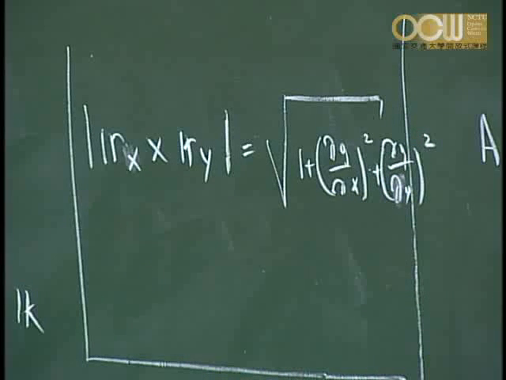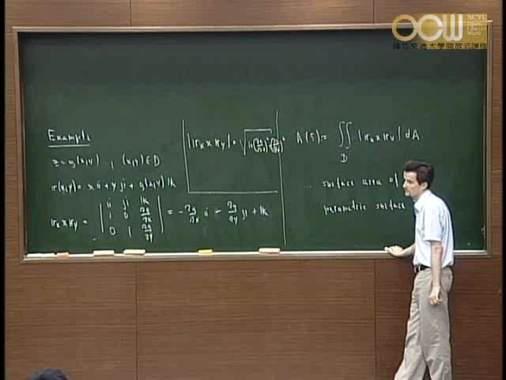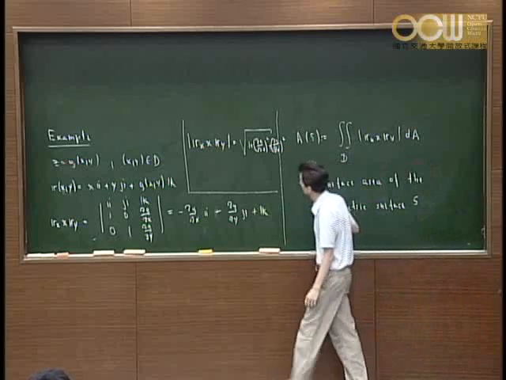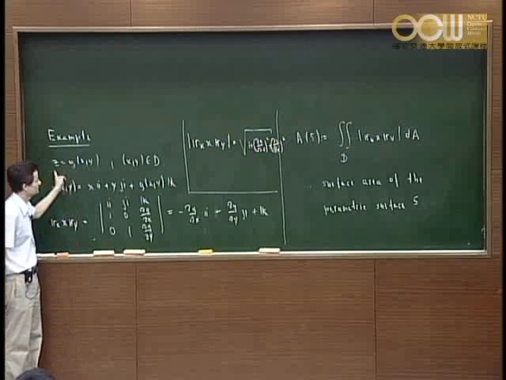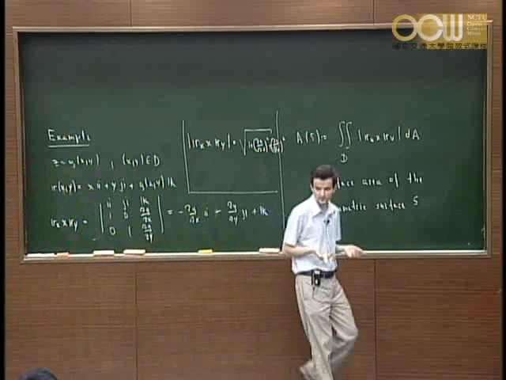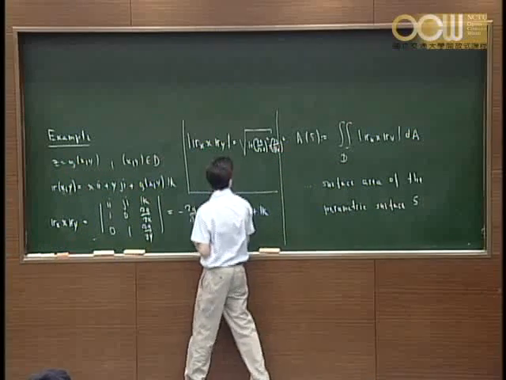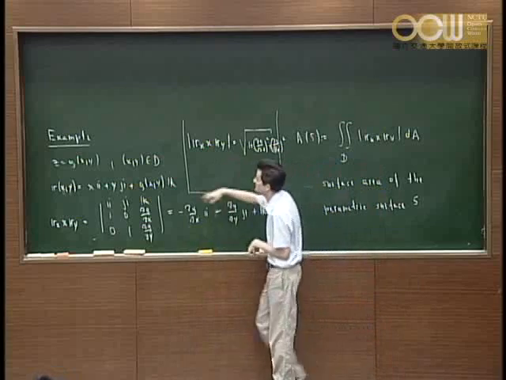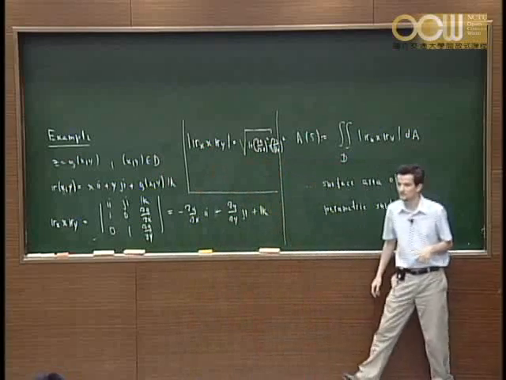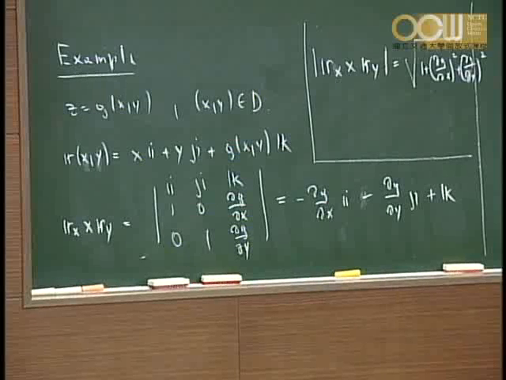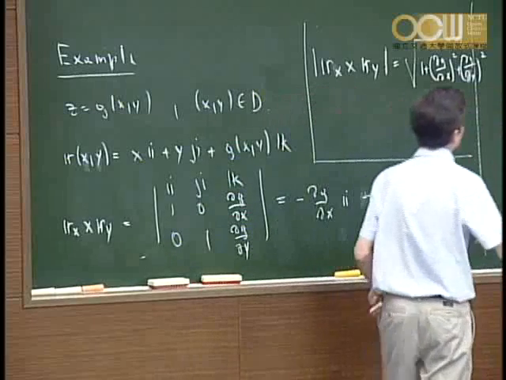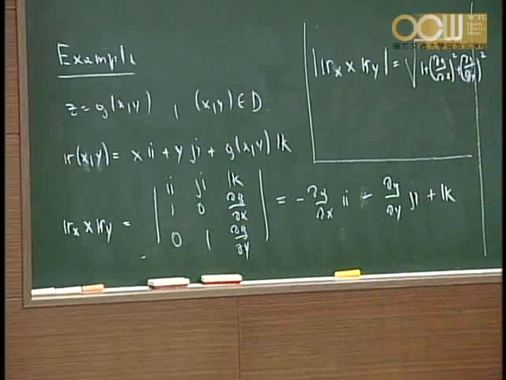The new formula, or the way we have now defined the surface area, contains the old formula, because we proved previously that if we have a function of two variables and we want to find the surface area of its graph above some region D, then the formula is the double integral over D of this expression, dA. So you see everything fits together. Not really a surprise, because that's the way it should be, because essentially the way we derive this formula is similar to the way we derived the previous formula.